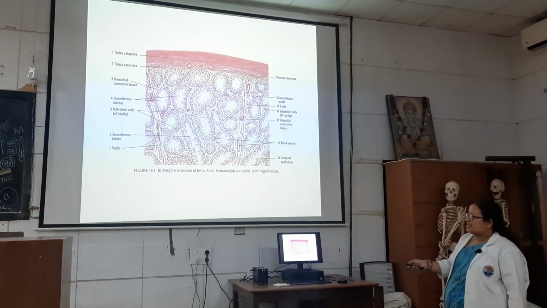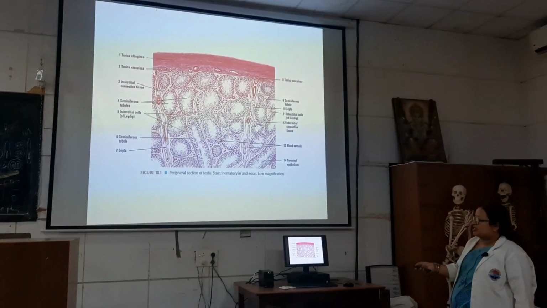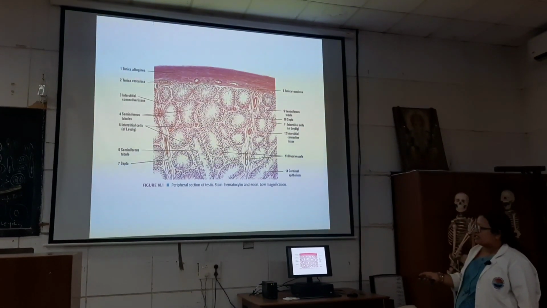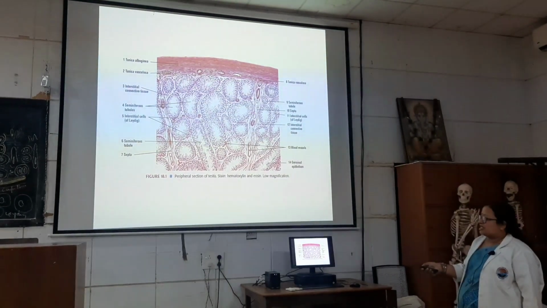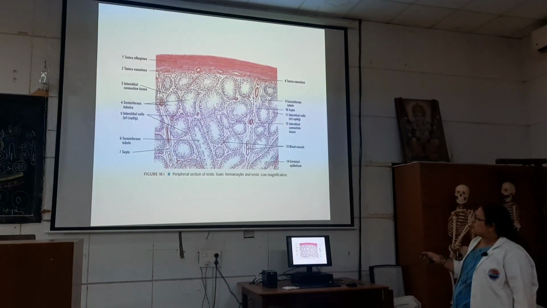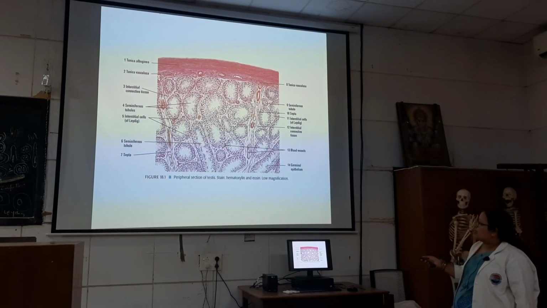So I have drawn the Sertoli cell there, and the lateral appendages of two Sertoli cells will form the tight junction. Similarly, here you can see the tall columnar cells.